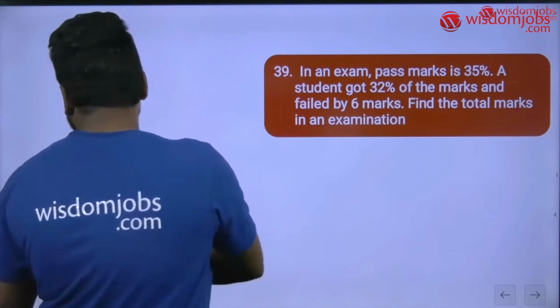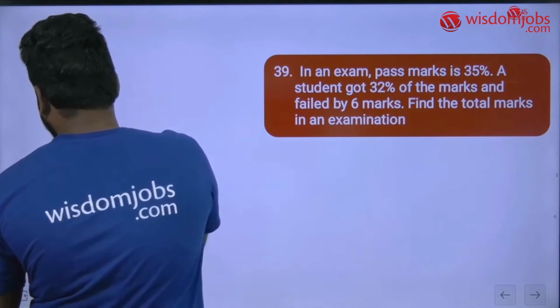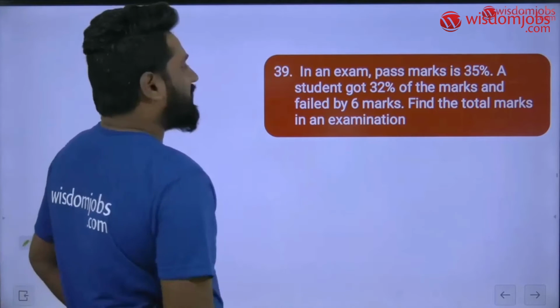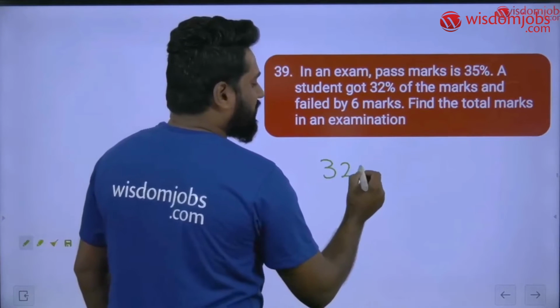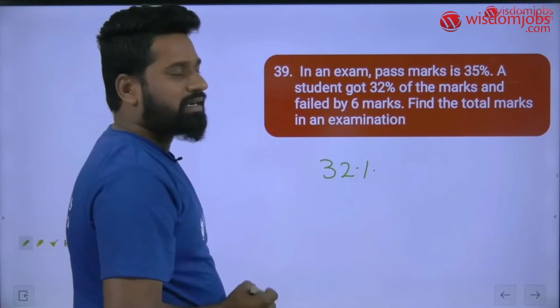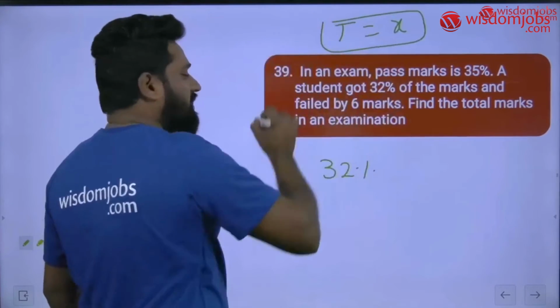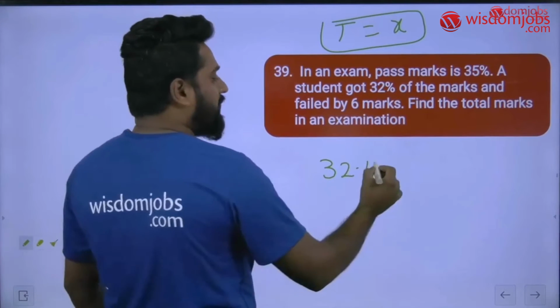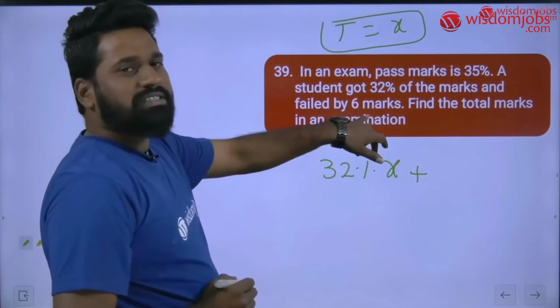So just observe the equation I am writing here. This equation indicates that first the student got 32% of the total marks. For example, the total marks of the examination is X, in a simple way. So 32% of X, plus he failed by 6 marks is given.